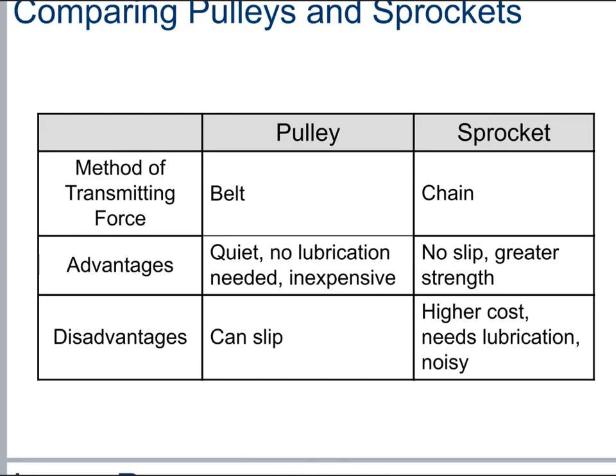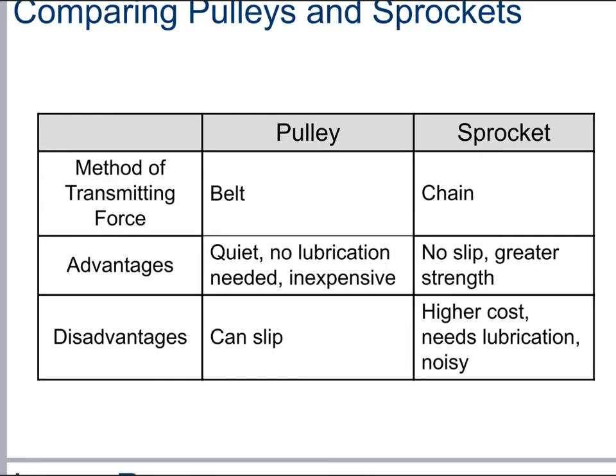And to conclude this lesson, I just wanted to quickly talk about a comparison of advantages and disadvantages to using both the pulley system as well as the chain and sprocket system. So again, as a reminder, when using a pulley system, the method for transmitting force is going to be through a belt, whereas in a chain and sprocket system, that method of transmitting force would be through a chain.